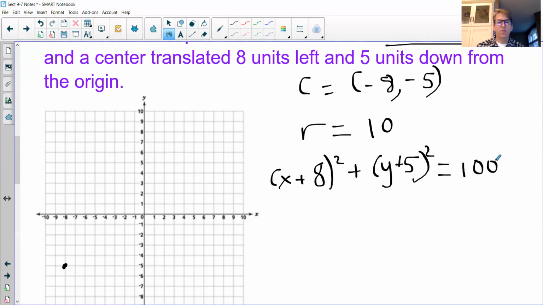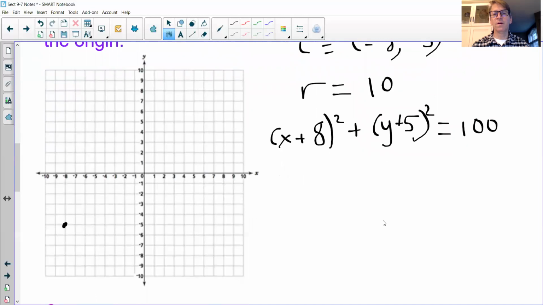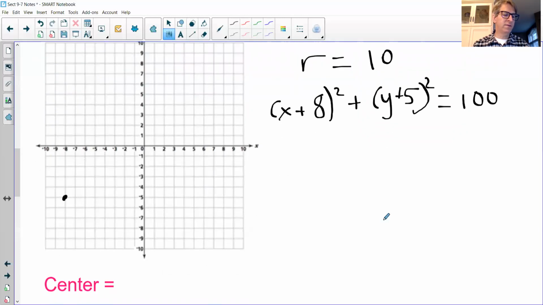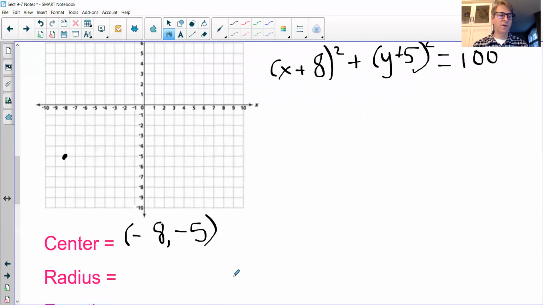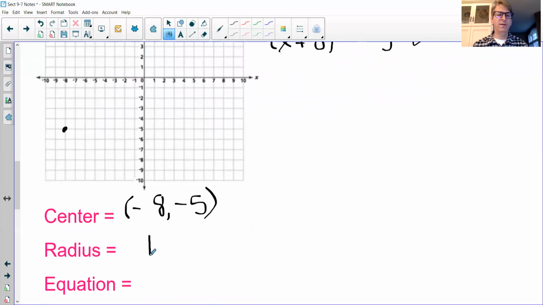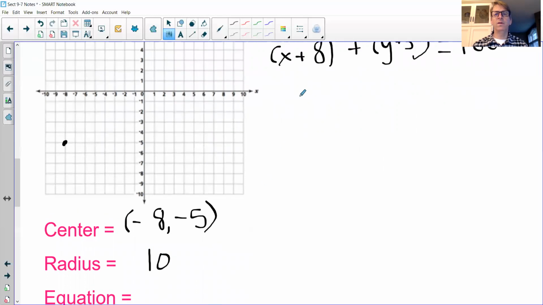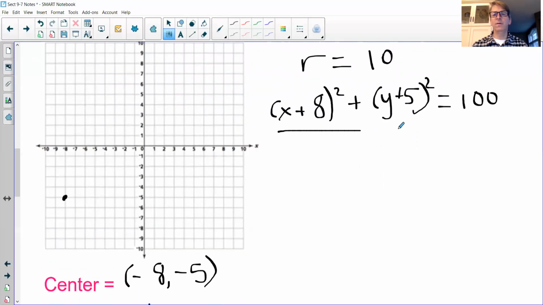So (x plus 8) squared plus (y plus 5) squared equals 100 is your answer. The center ended up being (-8, -5). The radius ended up being 10, half of the diameter, and the equation is right here.